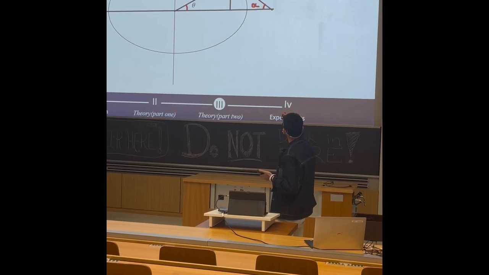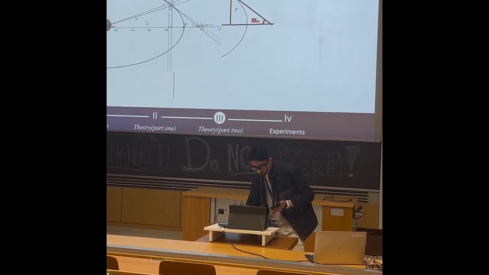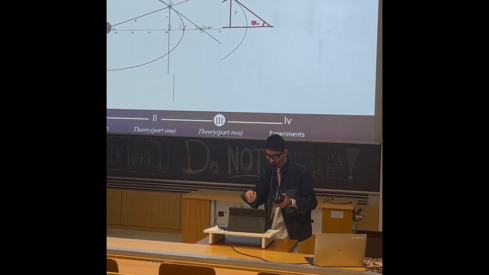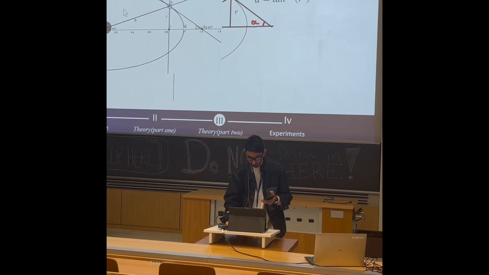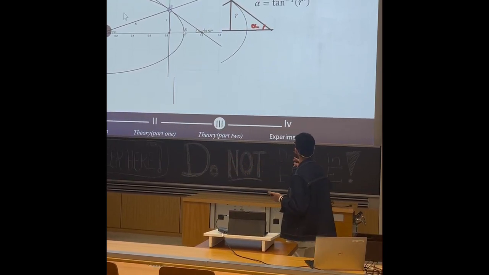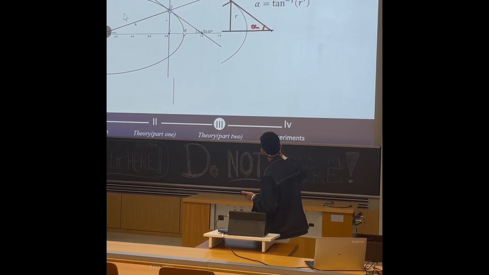As you can see in this movie, when R changes, all of the terms have a relationship with each other. And alpha, the angle alpha, equals the inverse tangent of the derivative of R.